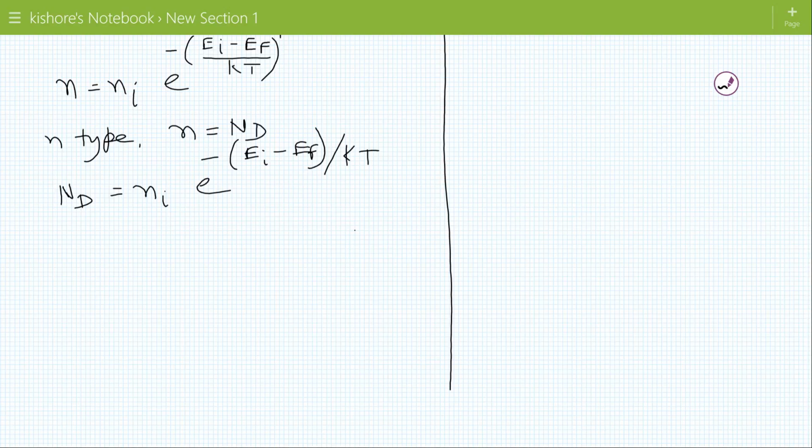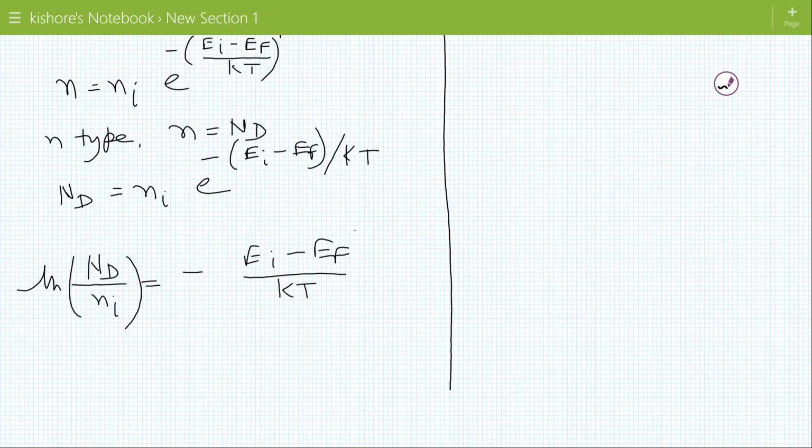So Nd by Ni, in fact the natural log of Nd by Ni, is minus (Ei minus Ef) by kT.